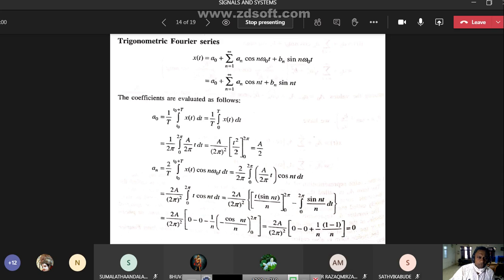We are doing integration with respect to t, so then what you will get? t square by 2. The limits are 0 to 2 pi. Now if you substitute that, A by 2 pi square is already there, then again you will get 2 pi whole square by 2. So the 2 pi whole square will get cancelled, and the remaining thing is A by 2. Okay, so therefore this A by 2 is the DC component of the given signal.